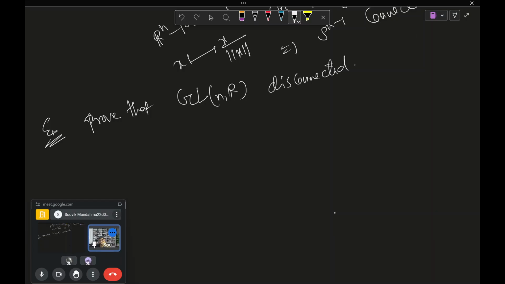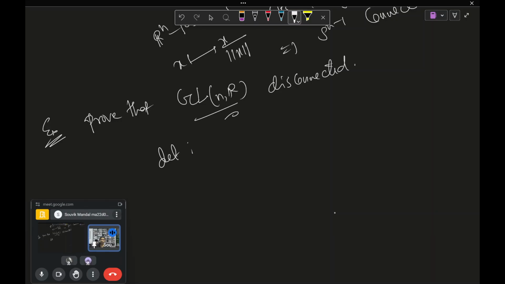Are you able to find such a function from GLn to plus minus 1? No, sir. Okay. So GLn means what? It contains all matrices with non-zero determinant, right?